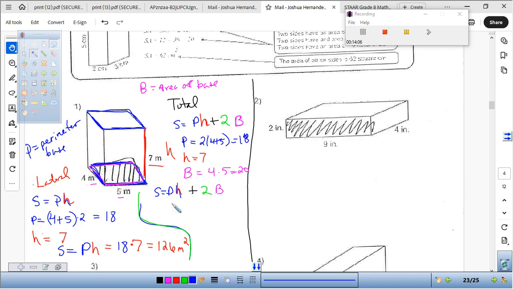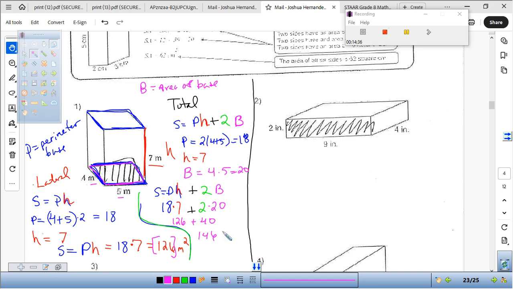P is going to be 18, times H, 7, plus 2, which is just 2, and then B, which is 20. Earlier, right over here, we did 126, so I know this part is 126. 126 plus 2 times 20, which is 40. So 126 plus 40 is 146.